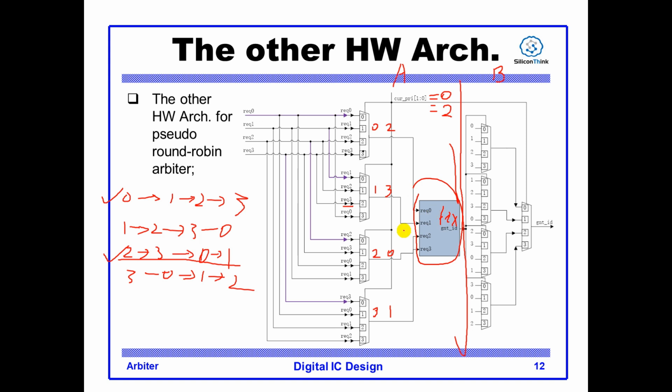So he does the priority setting using the 4 muxes, followed by one fixed priority arbiter. Then this part is used to trace back the ID of the original request. The 2 levels of muxes are used to trace back the ID of the original request.